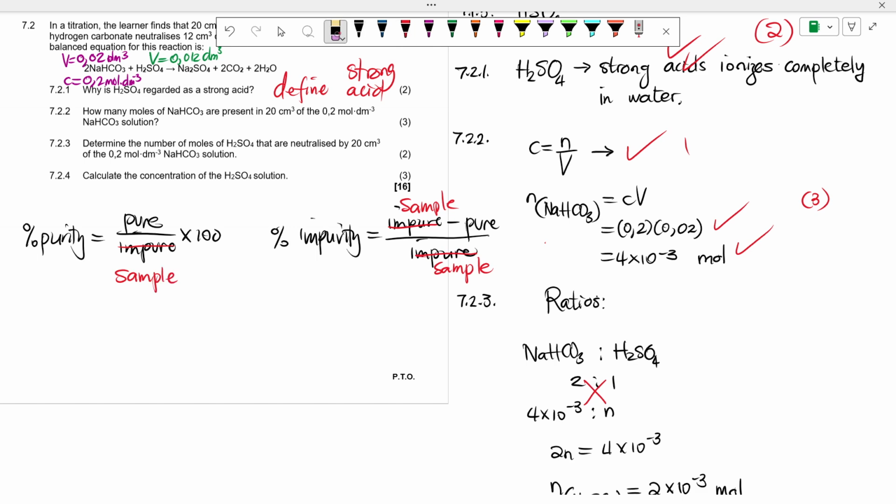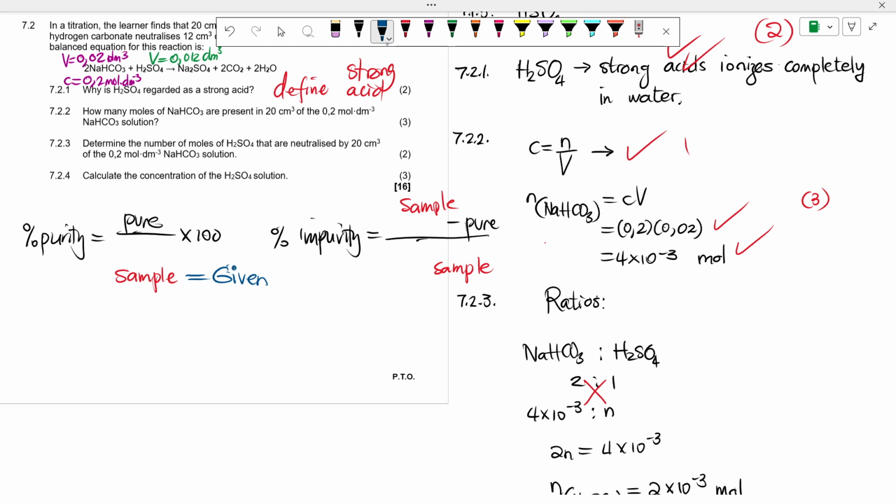Then another thing to do with percentage is percentage yield, and that one is pretty much actual yield over theoretical yield. The impurities here are given, the sample mass is given. In this case, they'll give you the sample mass, unless they do some weird things.